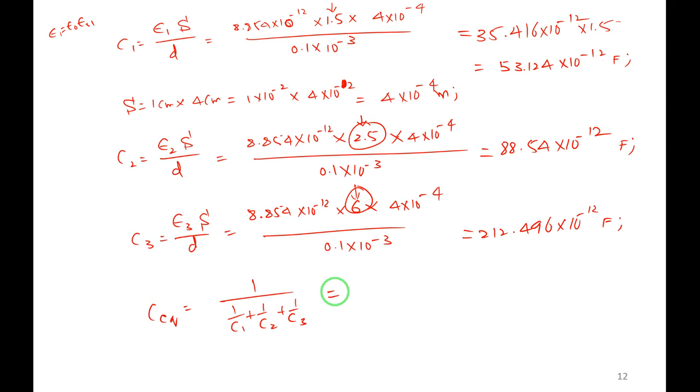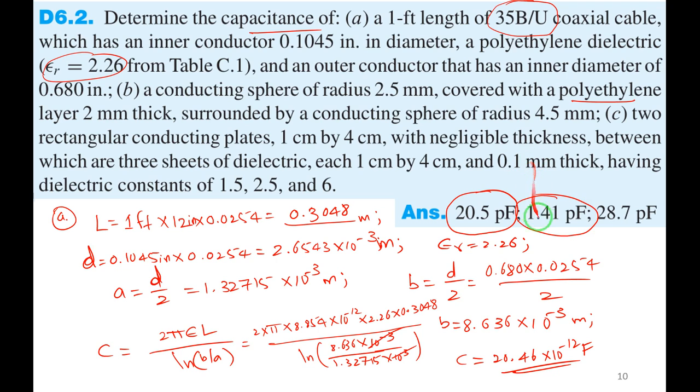I add all three, then take the whole inverse to get C equivalent, which is 28.715 into 10 power minus 12 farads. That is 28.715 picofarads.